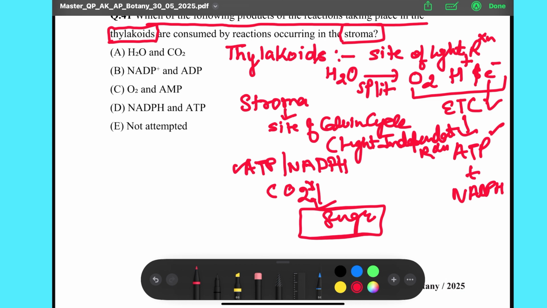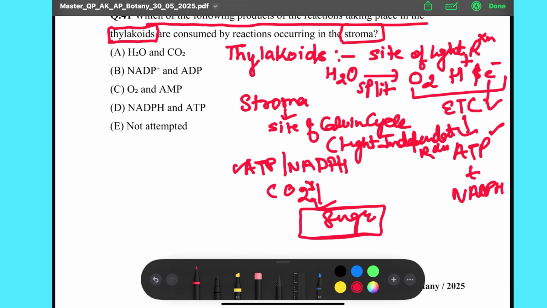Oxygen produced in the thylakoid is released, not used in the Calvin cycle. Water is consumed in the thylakoid, not in the stroma. ADP and NADP are regenerated after ATP and NADPH are used in the stroma, but they are not products of the thylakoid reaction. They are substrates recycled.